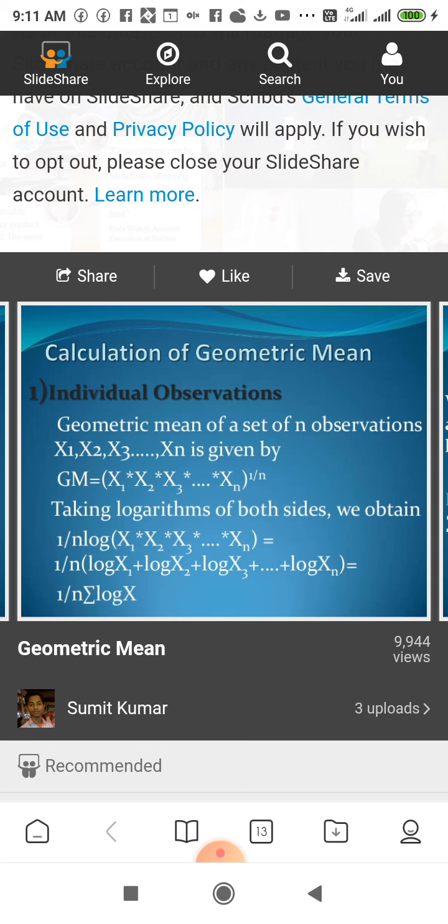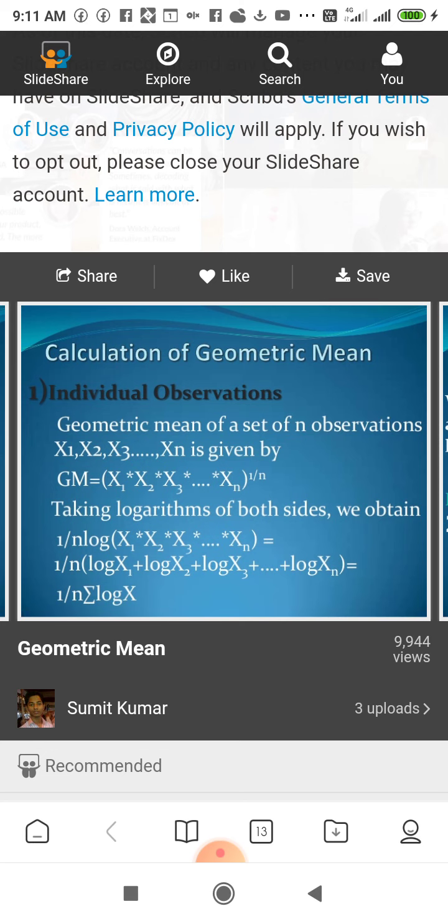So taking logarithm of both sides, we observe 1 upon n log of x1 into x2 dot xn. Taking logarithm of multiplication, it changes into addition.